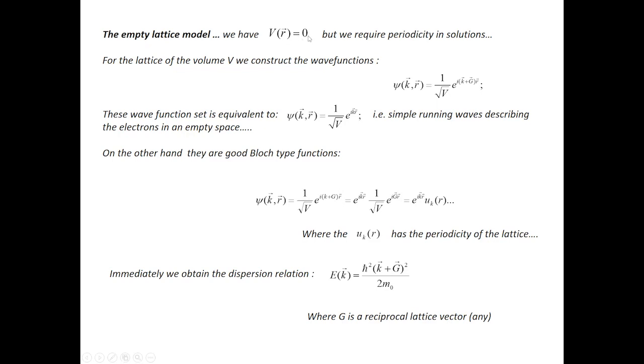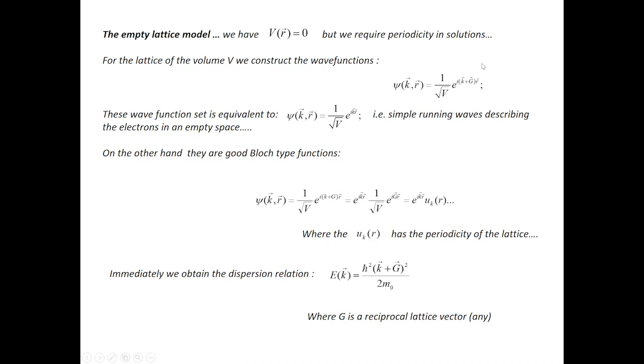So we have electrons in free space or something very similar, but this is a toy model again. We require periodicity in the solutions. We put some restrictions on the electrons, so that the wave function must be periodic. And we construct the wave functions. Let's say we have a lattice of volume V, and we construct the wave functions like that.